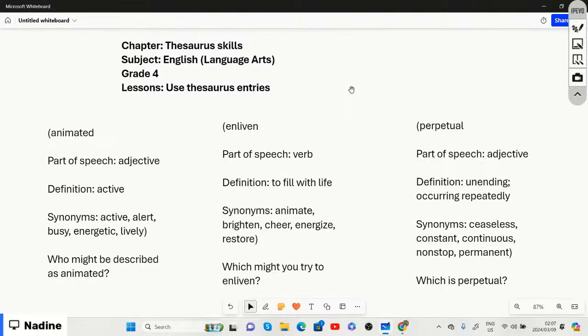So when it comes to synonyms, it's like we are given words. If you compare a thesaurus to a dictionary, a dictionary has words with different meanings, in alphabetical order, and the different meanings.